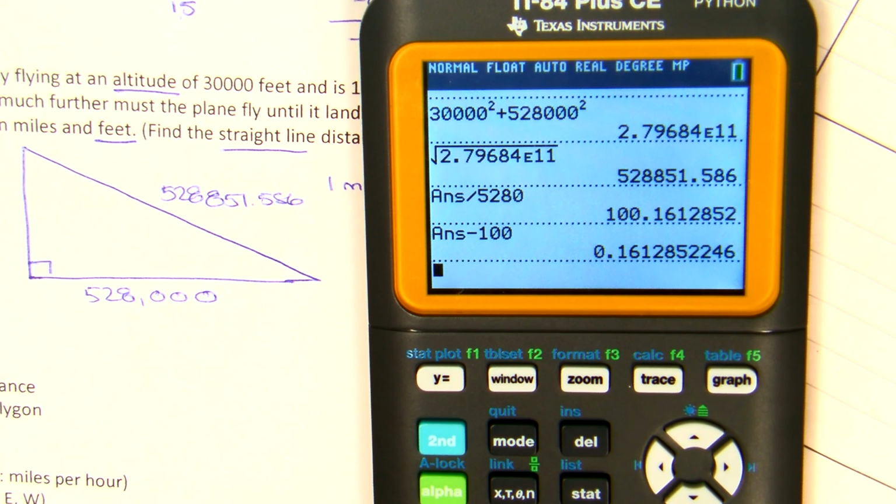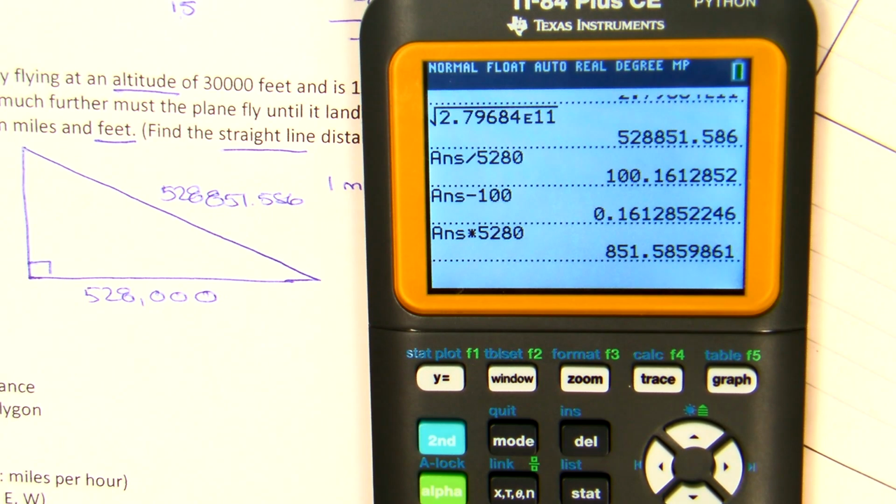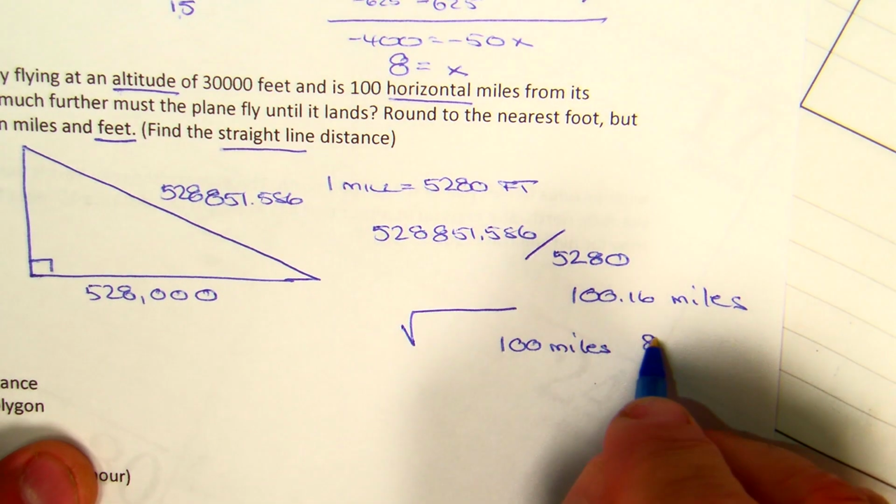I have that. That's my decimal part. That's my feet. But I need to write that in terms of feet. There's 5,280 feet in a mile, so I multiply by what? 5,280. 851.58. Is 851.58 closer to 851 or 852? 852. So I write 852 feet.